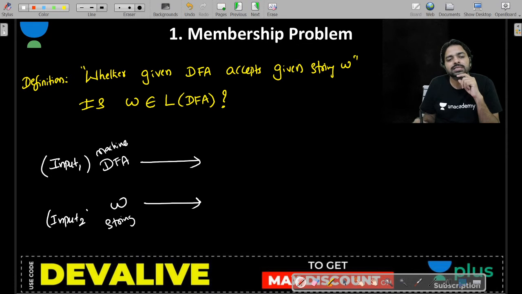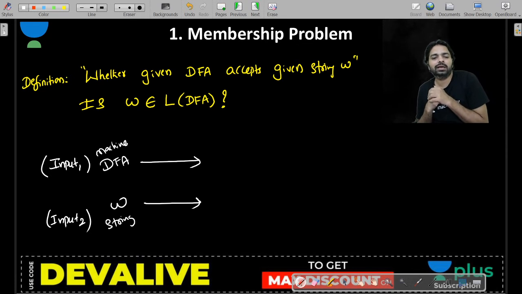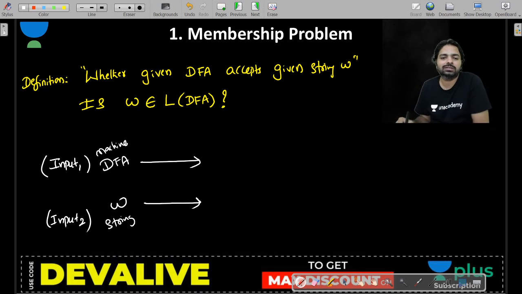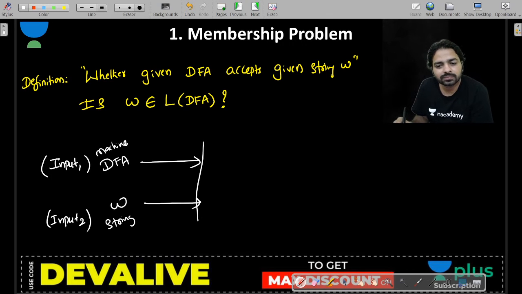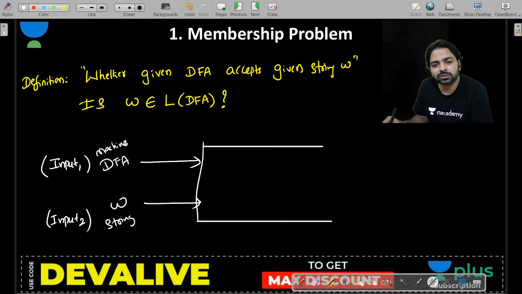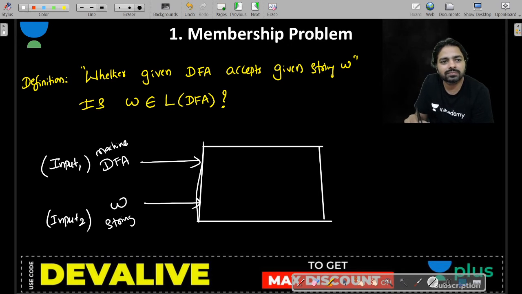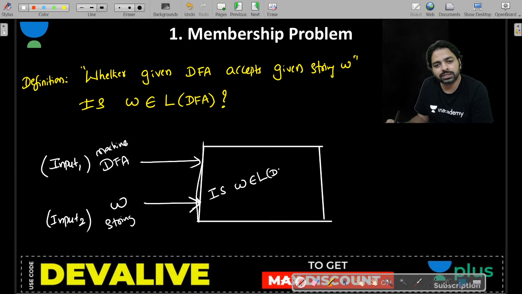Input doesn't always mean a string, guys. Input can be a DFA, input can be a language. Now we need to verify whether W belongs to the language accepted by the DFA.